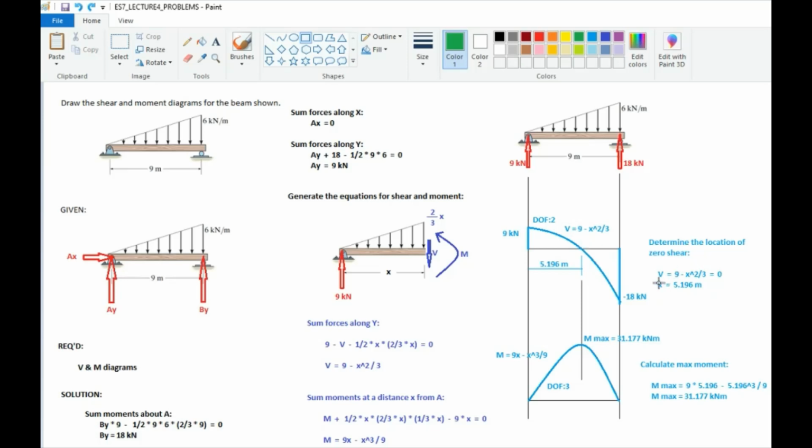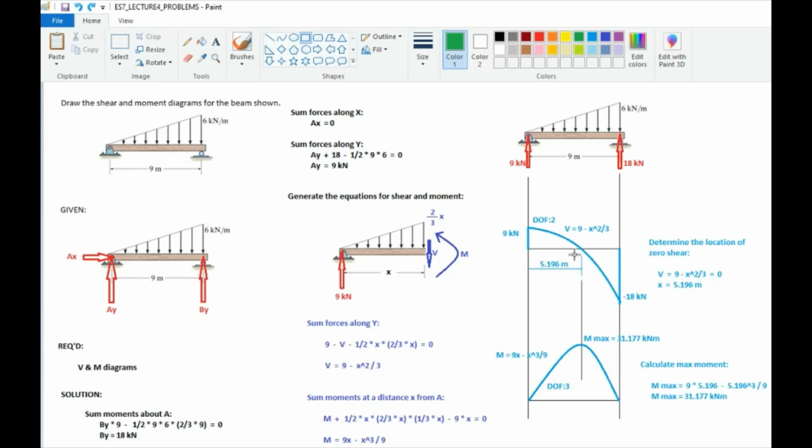So 9 minus x squared over 3 is set to be equal to 0, and then solving for x, we'll get x equal to 5.196 meters. So, what does that mean? When your shear diagram has a point of zero shear, that is the location of the maximum moment. Right? Point of zero shear is the location of your maximum moment.